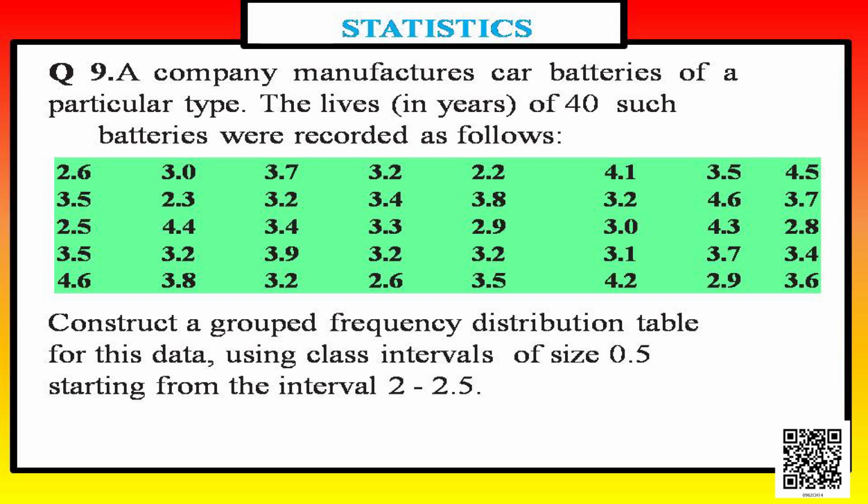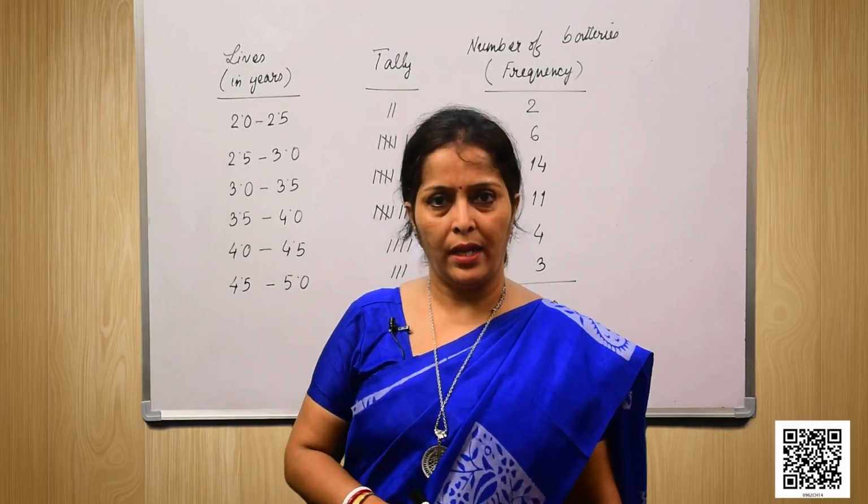Then some numbers are given to us as the lives in years of the batteries, and then it is asked to construct a grouped frequency distribution table for this data using class intervals of size 0.5 starting from the interval 2 to 2.5. So let us solve it. So here is the solution of question number 9.